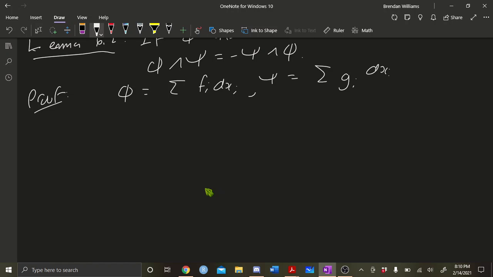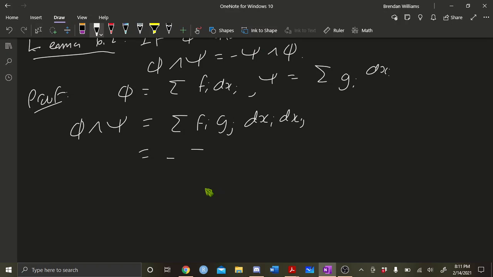So phi wedge psi is equal to the sum of f sub i g sub j dx sub i dx sub j. And we can just flip them, that is, flip the dx sub i and the dx sub j.